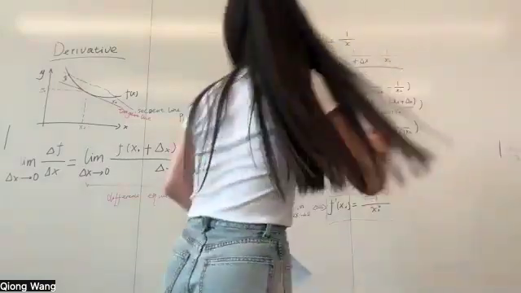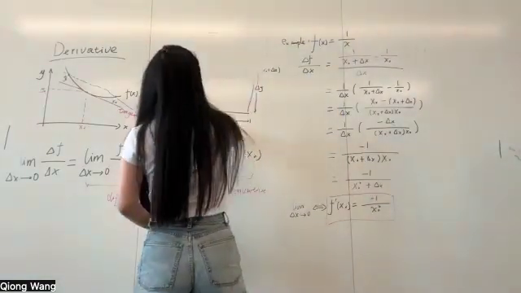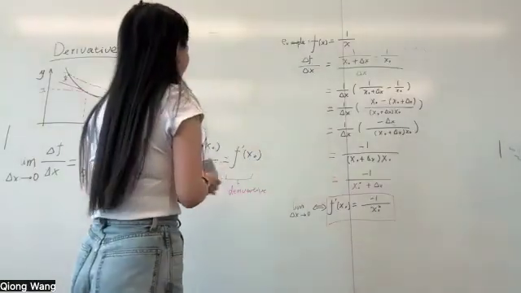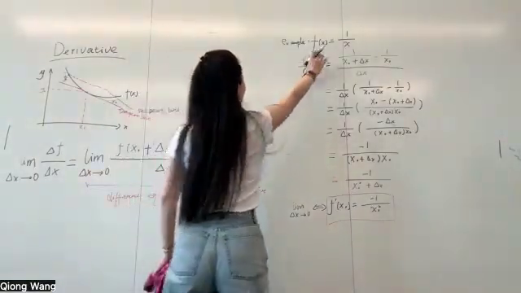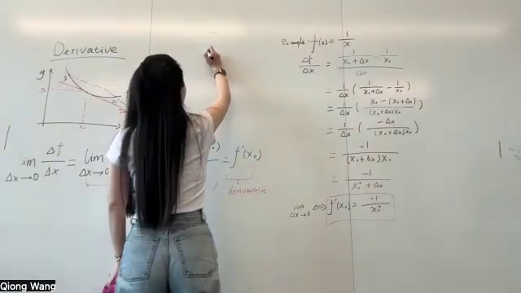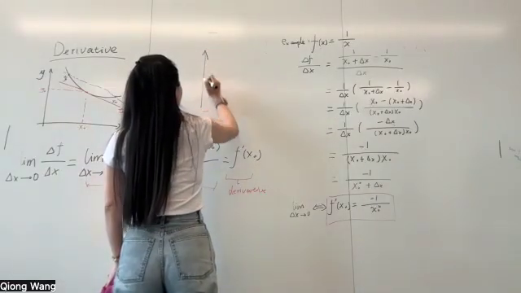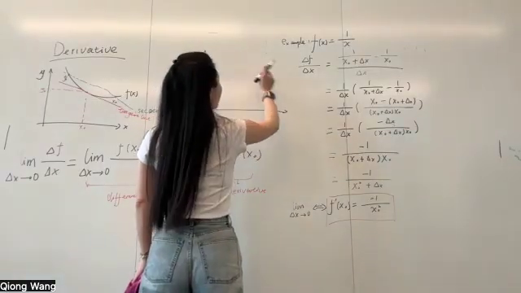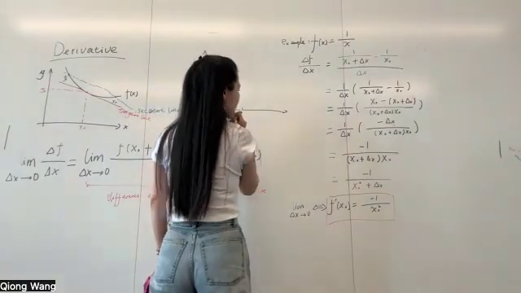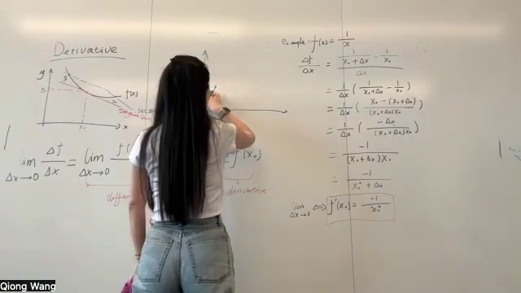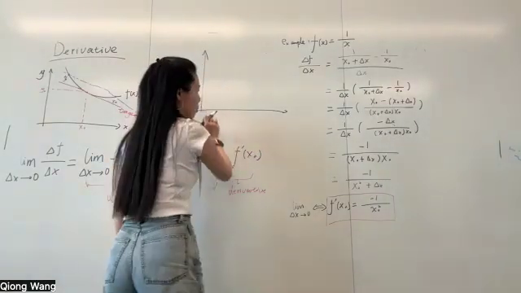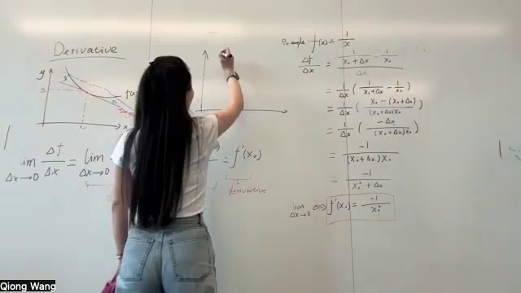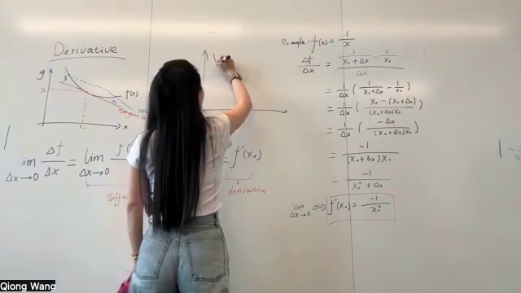I need to move this. For the graph of this, we can draw the function like this. It will be big at the start and very small at the end. So the graph will be like this.